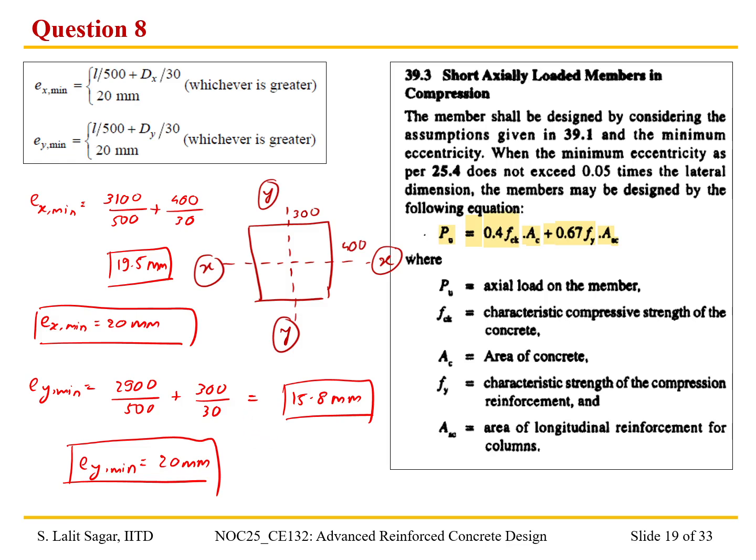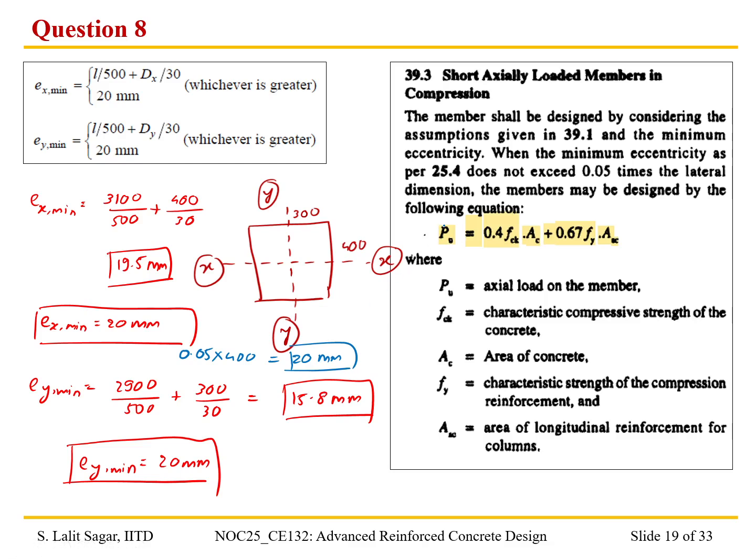I'm going to write that in a different color. So here we are finding out about the x-axis. Let us consider the local y-axis. 0.05 times 400 gives us a value of 20 millimeter.